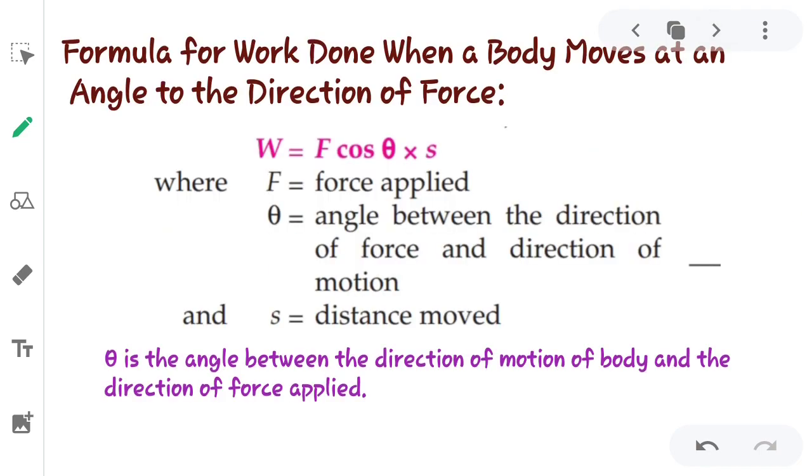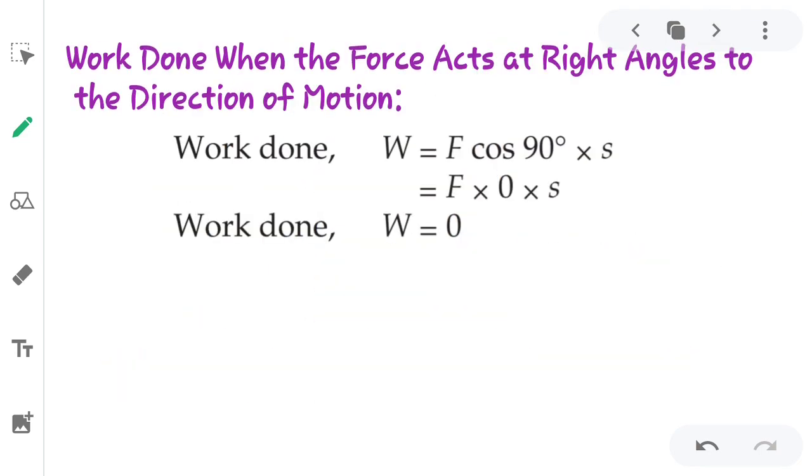When theta is 0 to 90 degree, you will have different values according to that. But when theta becomes exactly 90 degree, as we know, cos 90 degree, actually you will study the different values of theta in class 10.